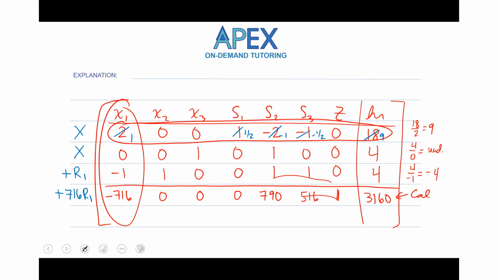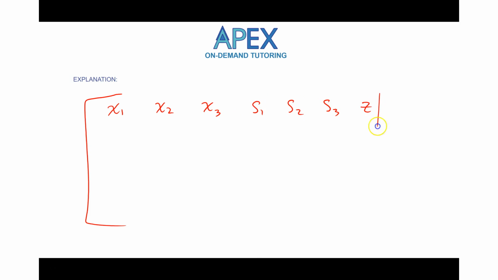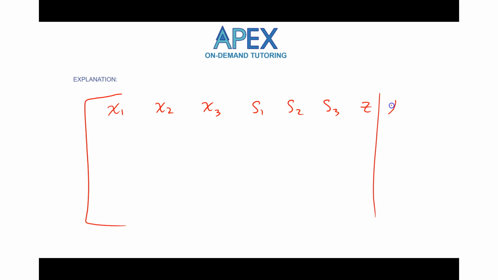My swipe didn't work for that. Okay. And so here is going to be our final matrix. So we have x1, x2, x3, s1, s2, s3, z, and then this will be the hours.